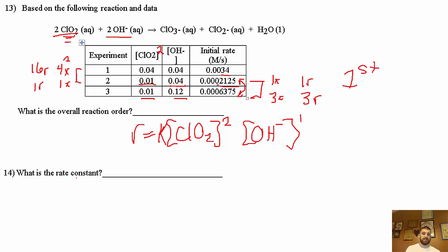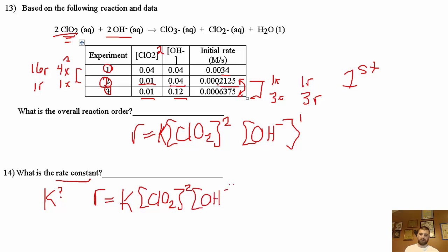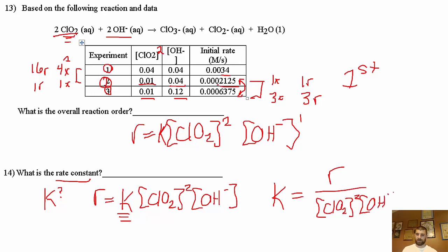All right, well, what is the rate constant? Again, it's asking for K. So you just pick one of these trials, one of these experiments, and plug in your data. I'm just going to go with the first one. So I know my rate law is R equals K ClO2 squared, OH minus to the 1, and I want to solve for K. So I do a little algebra, I rearrange some things, and I get K equals R divided by ClO2 squared times OH minus.